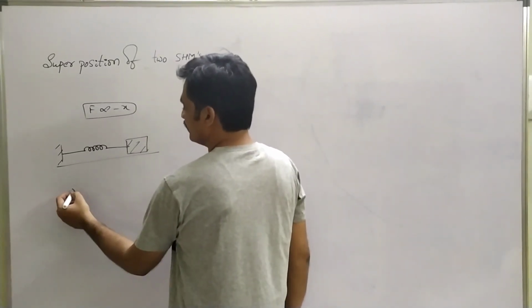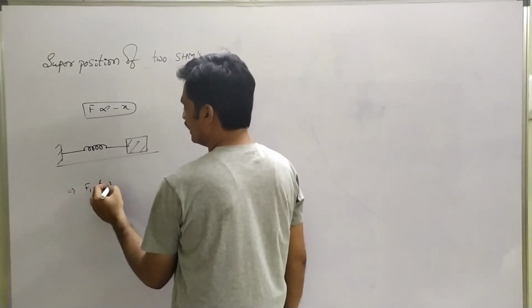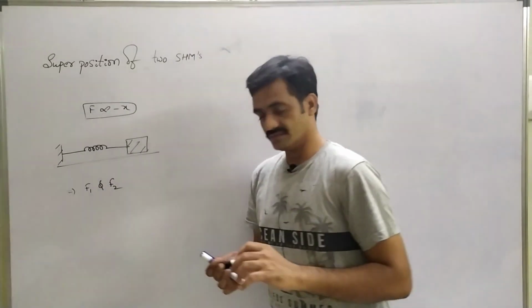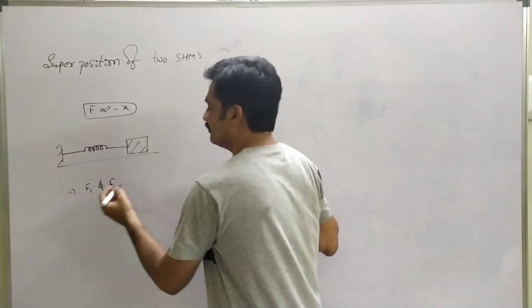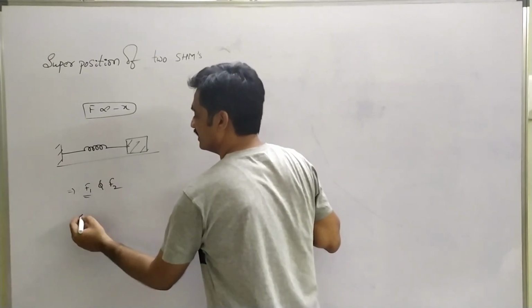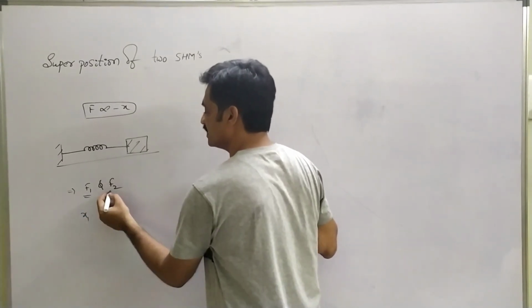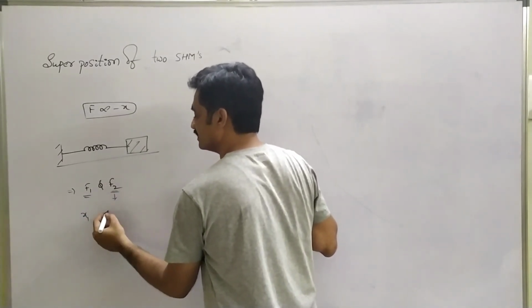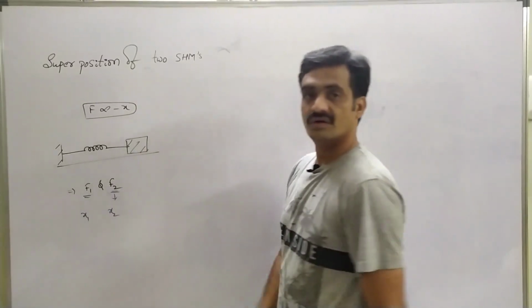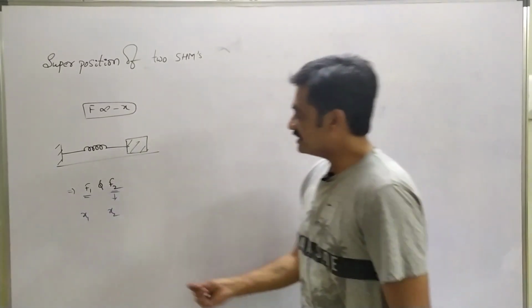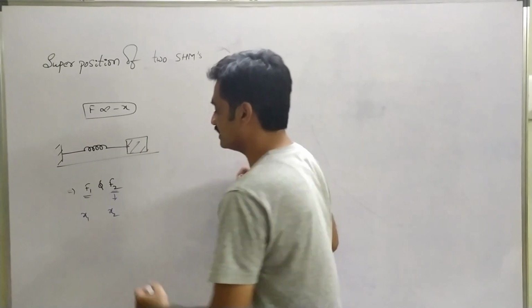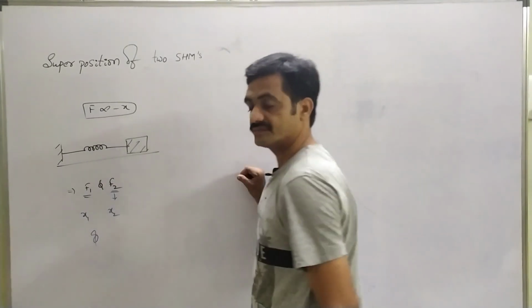In this case, consider two forces F1 and F2. The displacement in the case of F1 is represented as x1 and the displacement in the case of force F2 is represented as x2. The phase difference between these two displacements is represented as pi.